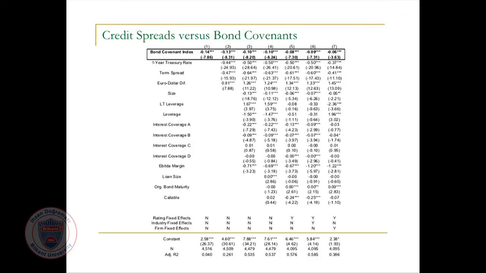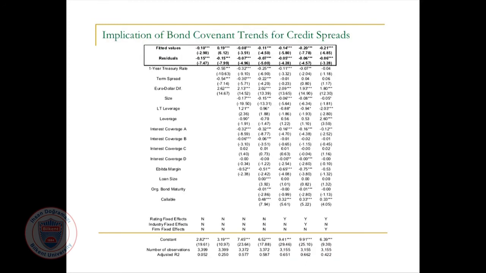Finally, we look at the credit spreads. Past literature already shows that covenants reduce credit spreads, so we just repeat it here and find the negative coefficient. But what we are more interested in is whether the increasing trends in covenants indeed help reduce the credit spreads.